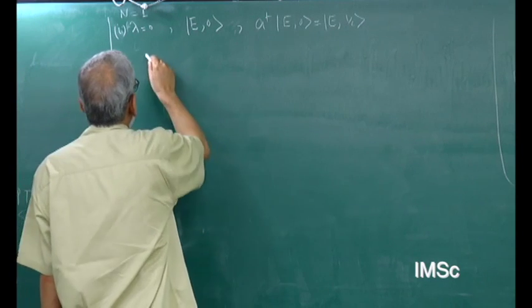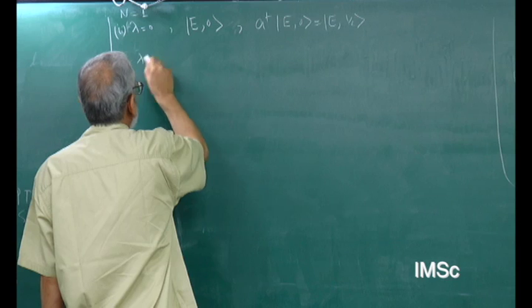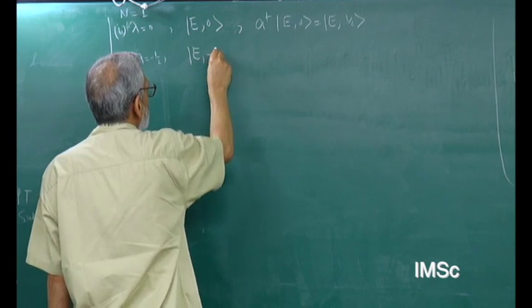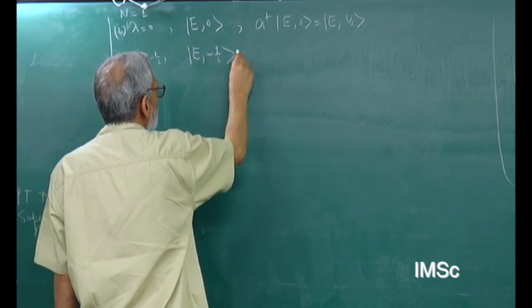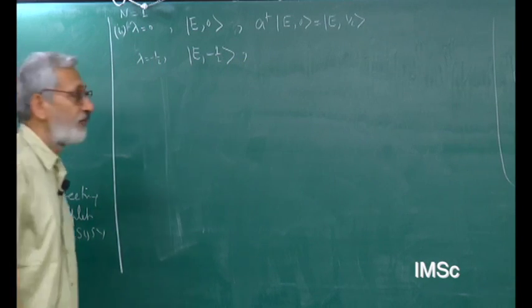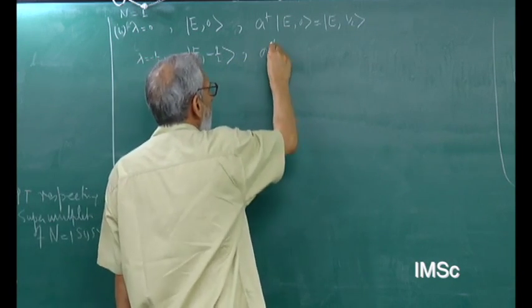And take the second multiplet, ground state, with helicity minus half. Apply A dagger on it.